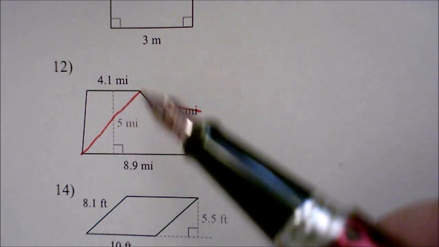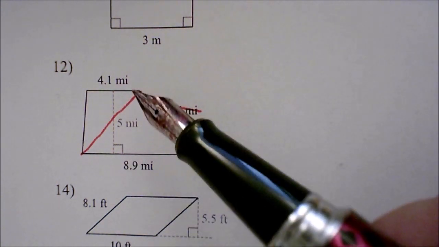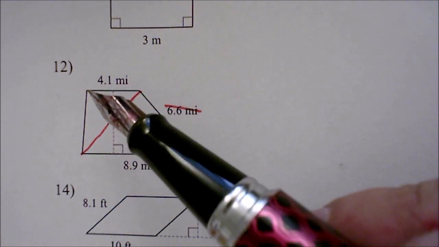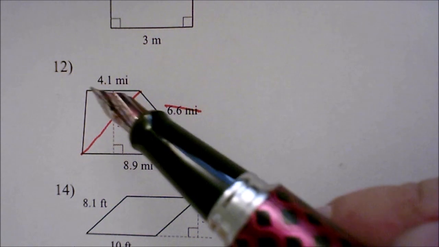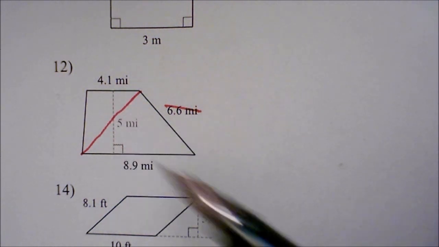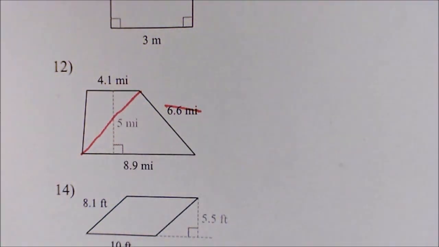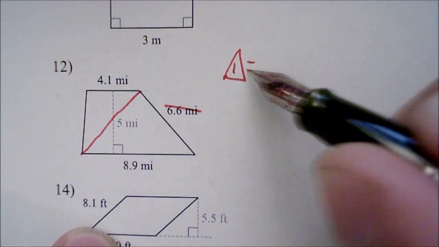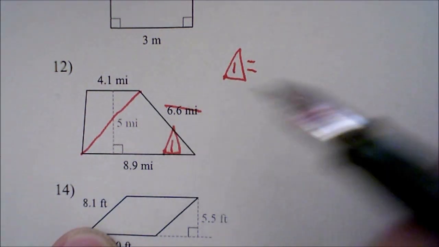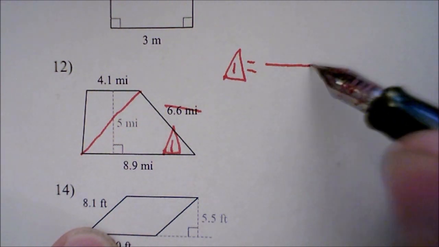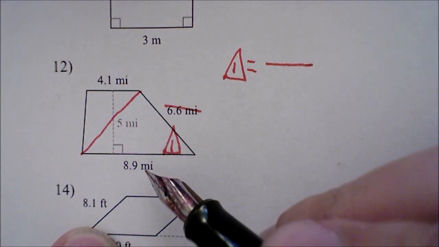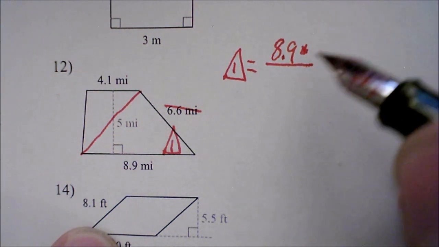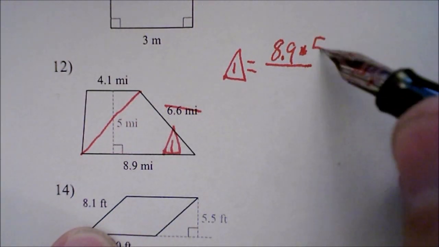Although the height is slightly over, it is as tall as the entire shape. The same goes for the second triangle. It has a distinct base, and it shares the height of the other triangle. So, writing out those amounts, triangle 1 has a base of 8.9 miles, and it has a height of 5 miles.